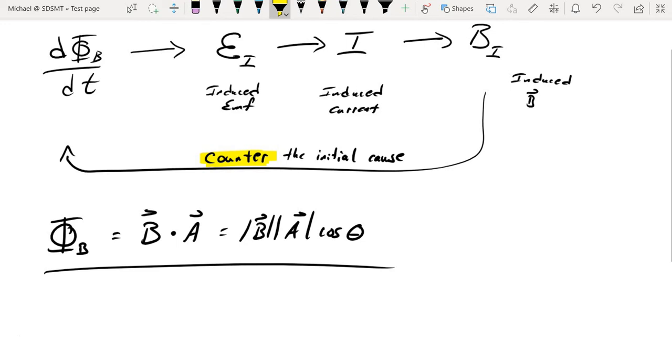So if that were to happen, we would have a constantly increasing magnetic flux, and it would just end up as this chain reaction to infinity, which, as we know, is not going to happen.